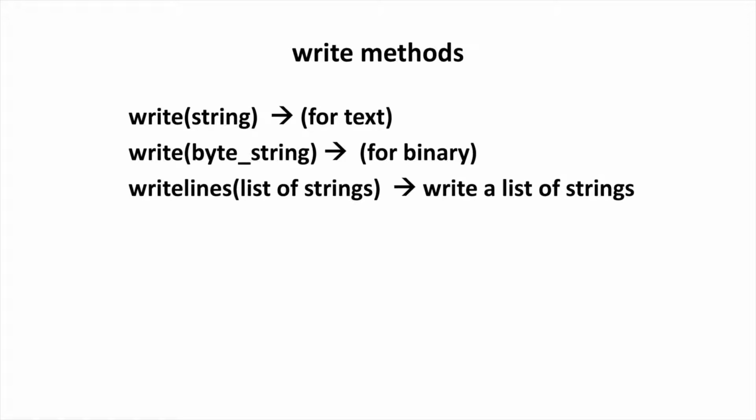Write with a string as an argument will write into a text file. Instead of a string, if you pass a byte string, then we can write into a binary file. Then the third function will help us to write a list of strings into a text file. Now, let us try a few examples.